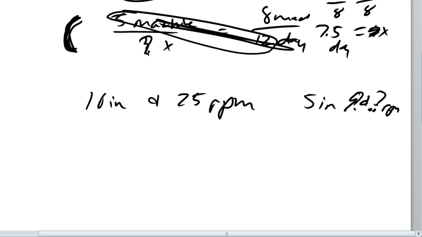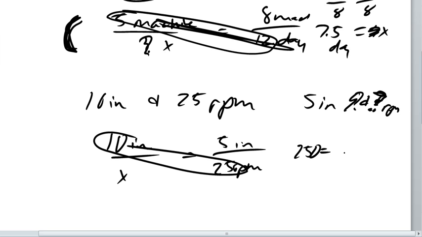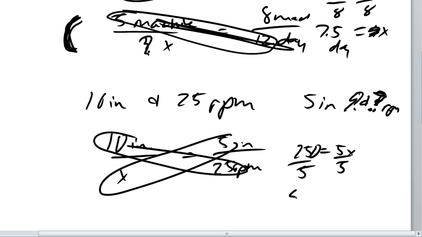So I take 10 inches, and once again, since it's indirect, I don't put it directly below it. I put it over here, 25 RPMs, and then I put the 5 inches here, and then my variable right there. So I would take 10 times 25, and I get 250, and that's going to be equal to 5x. Divide each side by 5, and so x is going to be equal to 50 RPMs.